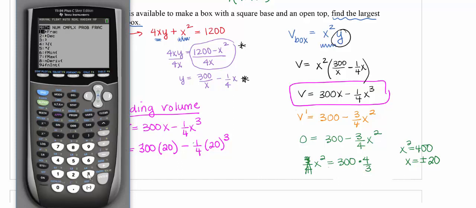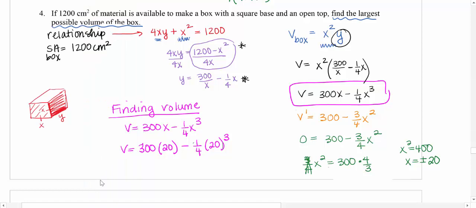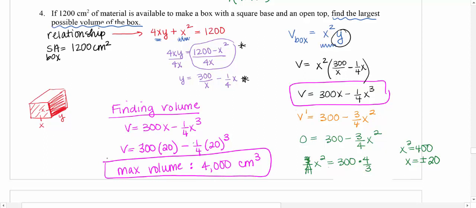So 4,000. So find the largest possible volume of the box. So max volume is 4,000 cubic centimeters. Remember, we were in centimeters, so that's cubic centimeters.